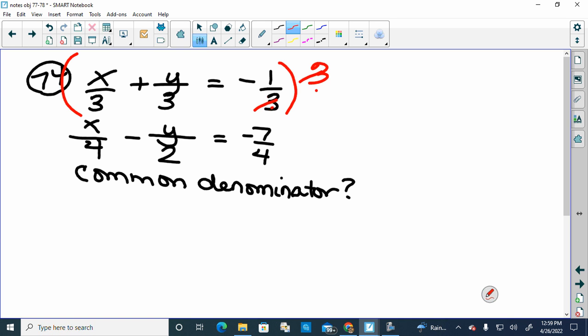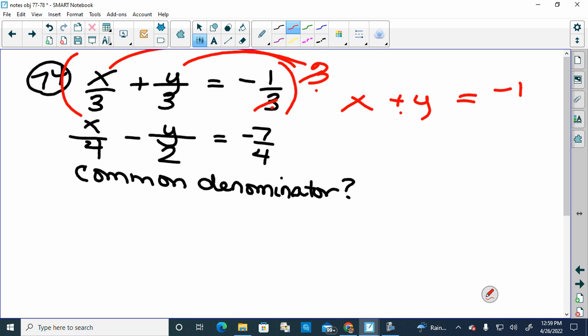Okay, so we have a -1. Well, if I distribute that one to this one, it's going to do the same thing. So it's just going to change it to y, and distributing it to this one, it's just going to be x. Okay, so this equation and this equation are actually the same equation. We just increased each one of them by 3 is what we did.